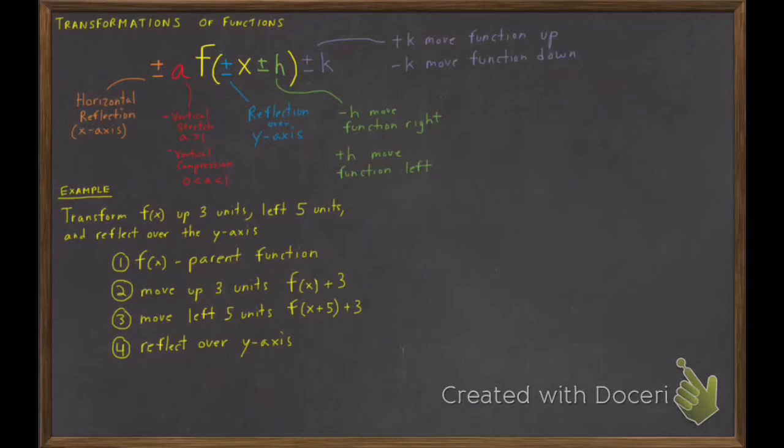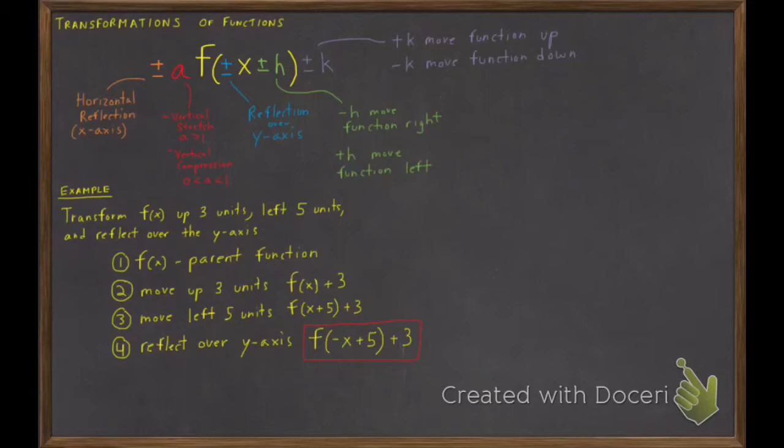So to write that, we see our new name is f, a negative in front of the x, plus 5, outside the function, plus 3. I'll square this. Here is our final answer. The new name of our function is f of, in parentheses, negative x plus 5, close parentheses, plus 3.